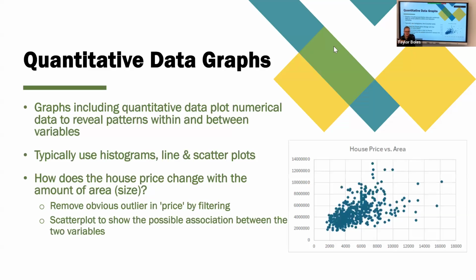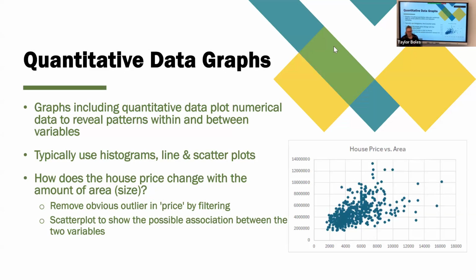So we have a quantitative data graph. Graphs including quantitative data plot numerical data to reveal patterns within and between variables. Typically, we use histograms, line plots, and scatter plots. Suppose we want to determine how the house price changes with the amount of area or the size of the house. In this case, you can remove the obvious outlier in price by filtering.